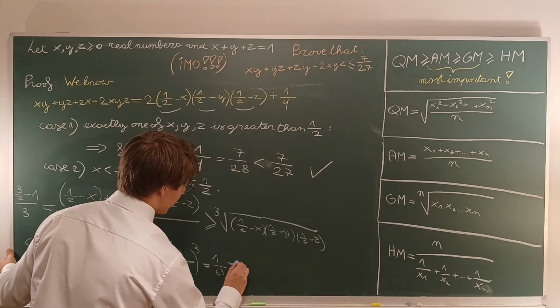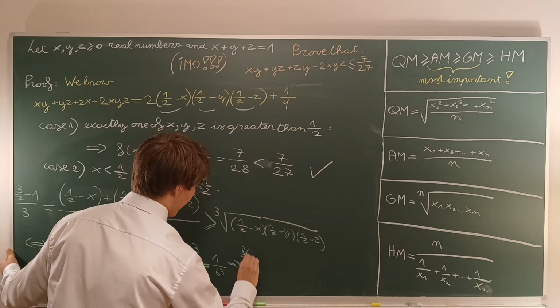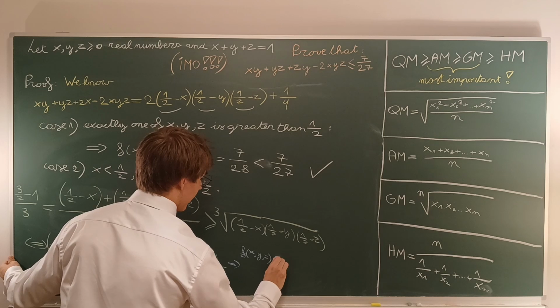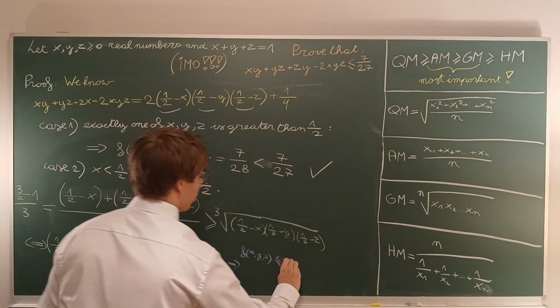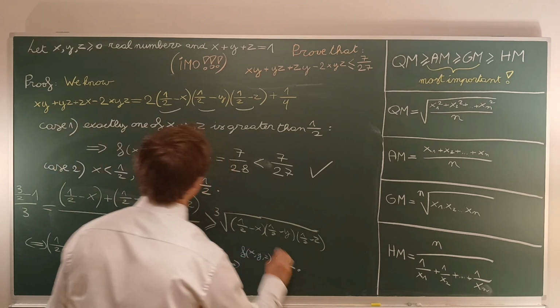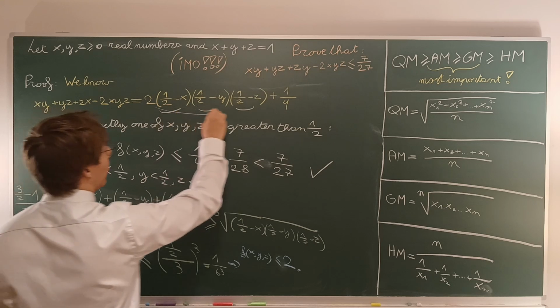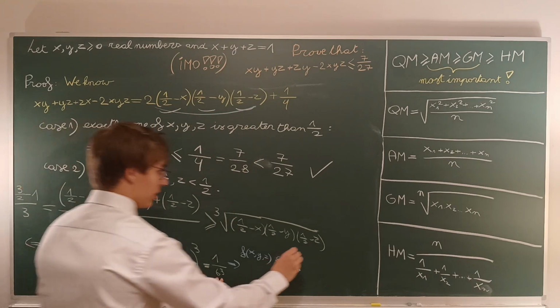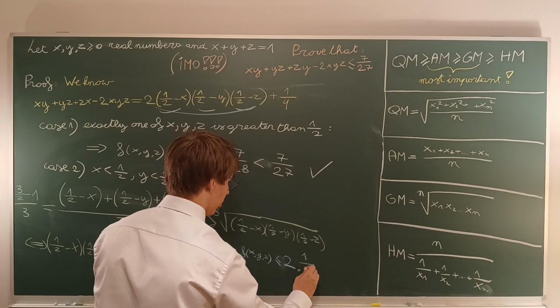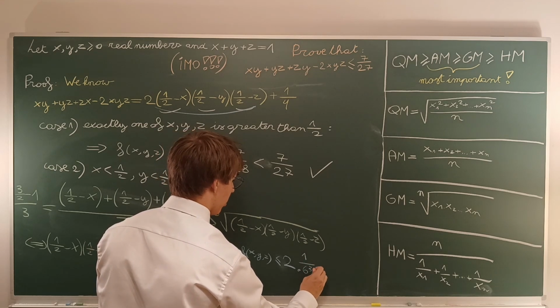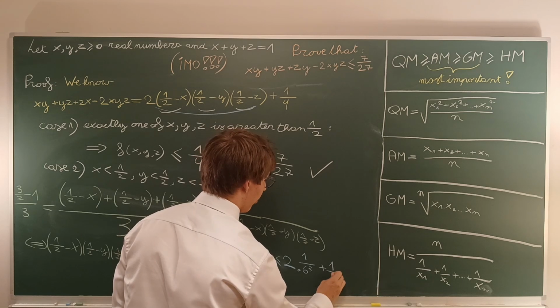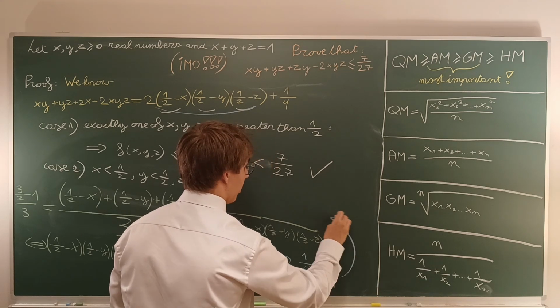Now that means that f of x, y, z is less than or equal to 2 times this, so 1 over 6 cubed, and that's plus 1 over 4.